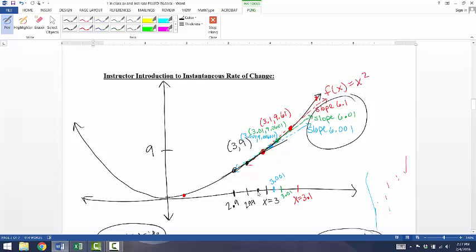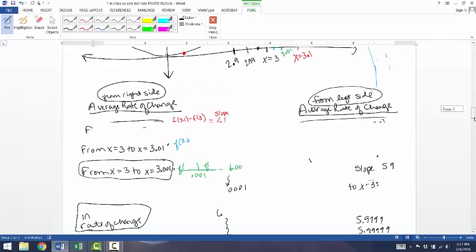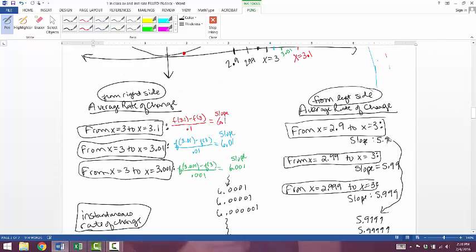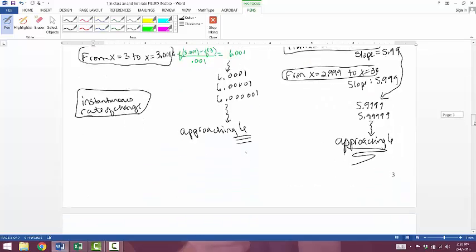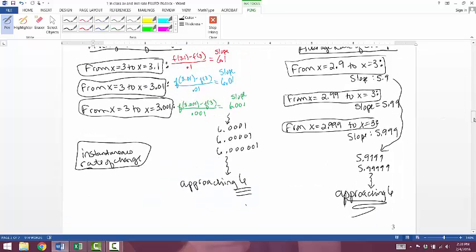I could go from 2.999 up to x equals 3. And as I get closer and closer, I jotted down those slopes for us already. If you found those slopes, you would find that they are 5.9, and as you got closer, 5.99, and as you got closer, 5.999. Again, I see the slopes are getting closer and closer to 6.